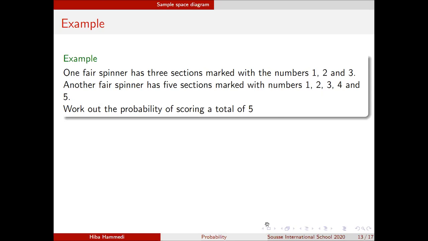Now let's see this other question. So they ask you to work out the probability of scoring a total of 5. Well, a total of 5 means that you need to add the number that you got from the first spinner with the number that you got from the second spinner. So it's the sum of the two numbers that you got.